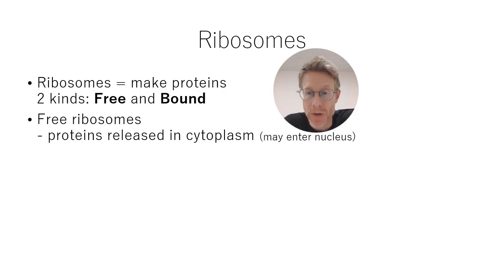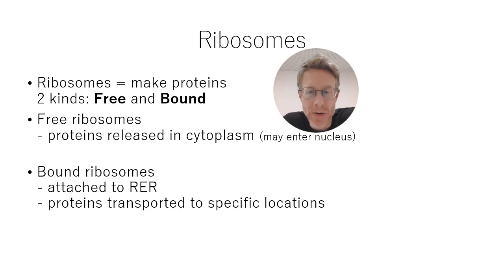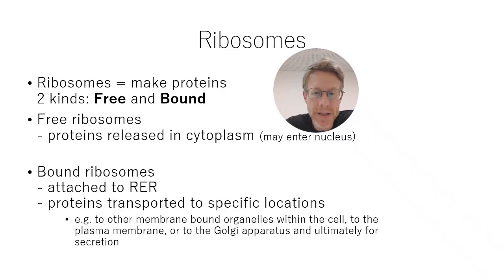So yeah, free ribosomes make proteins used in the cell, whereas bound ribosomes, again, the ones attached to the rough ER, make proteins that are transported somewhere. Often transported to the Golgi apparatus and then ultimately secreted out of the cell. That's often the case. Sometimes they're transported to the Golgi apparatus and put into a lysosome, like digestive enzymes.